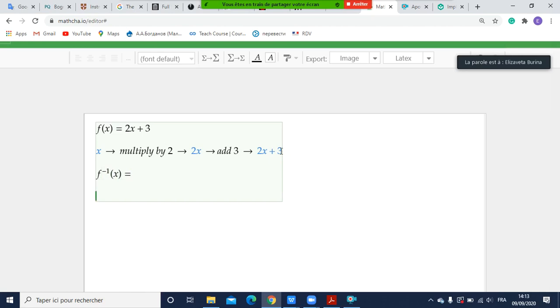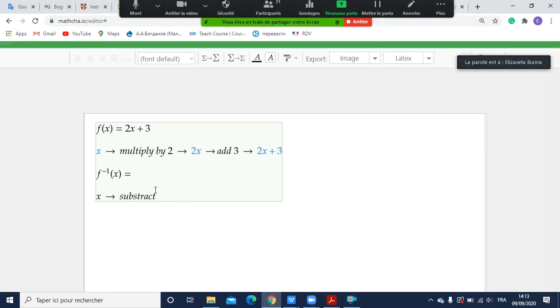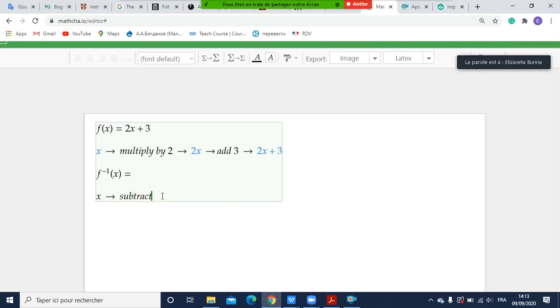The inverse function will tell us, take your x, perfect. Now, subtract 3. And then divide by 2.